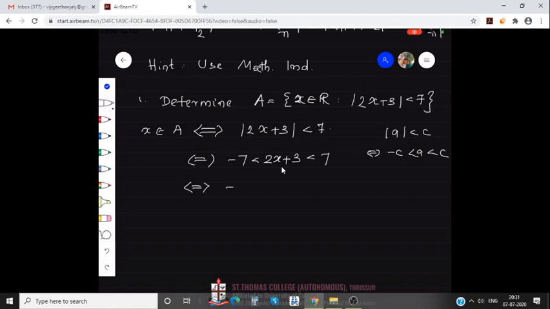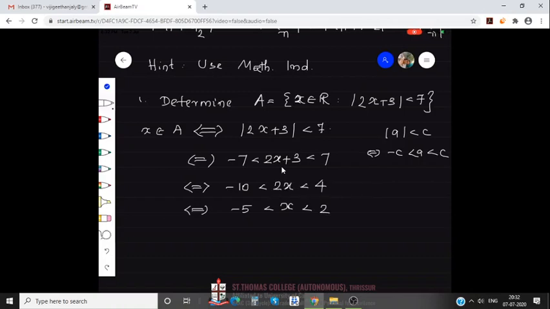So here minus 7 plus minus 3 is minus 10, less than 2x plus 3 minus 3, which is 2x, less than 7 plus minus 3, which is 4. Multiply throughout by 1 by 2. Since 1 by 2 is positive, the inequality will not change. So minus 10 into 1 by 2 is minus 5, less than 1 by 2 into 2x, which is x, less than 1 by 2 into 4, which is 2.